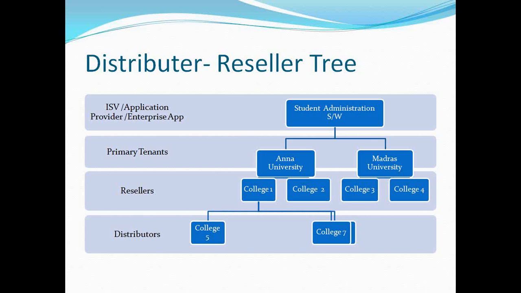For example, Anna University can also be a reseller, or it could be a college within Anna University acting as a reseller, in which case the college may push this product to the students, if it's a student management system or an e-learning system kind of thing. The college can act as a reseller in taking it to the students.